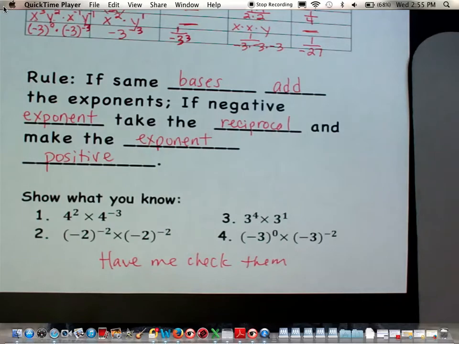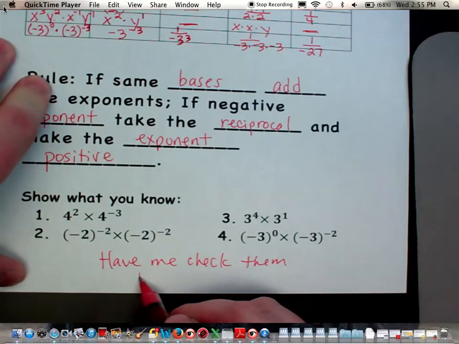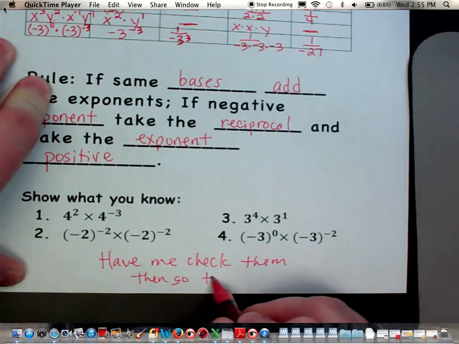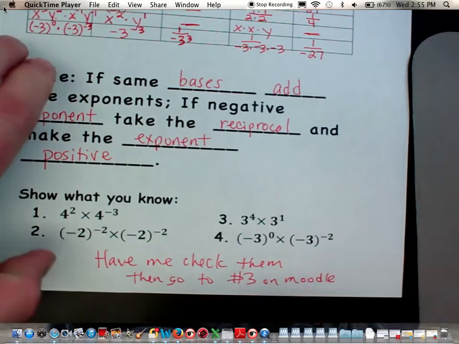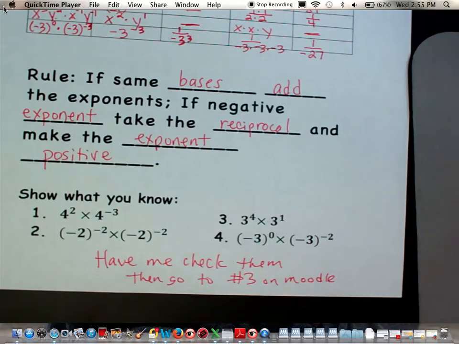And then when I finish checking them, you can go on to the Socrative and work on the Socrative one. The room number is Obermann. After I've checked them and you've got them all correct, then you can go to the Manga High, or to the Socrative, which I think is number 3 on Moodle. If you have any questions, please ask. Thanks.